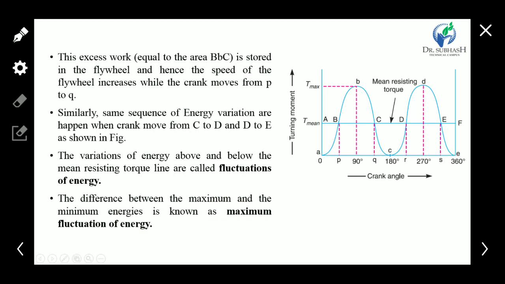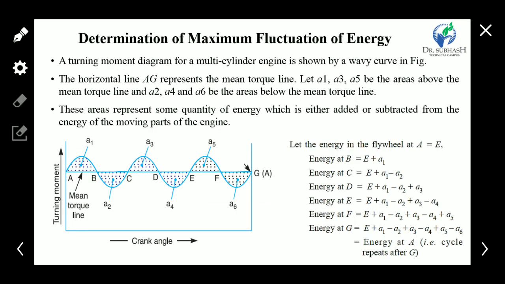So the difference between these two energies is called the maximum fluctuation of energy, okay, clear. Now see the next topic, determination of maximum fluctuation of energy.